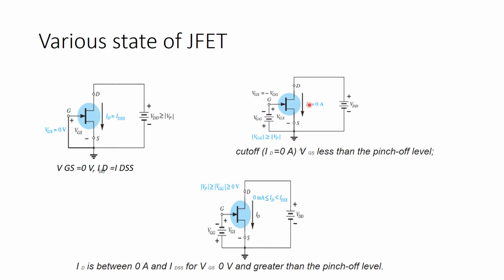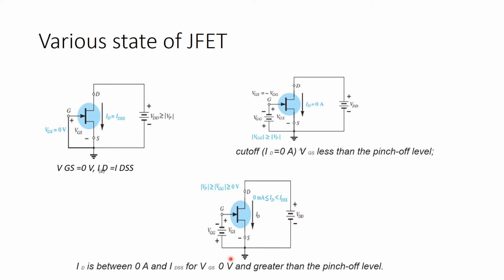Second situation, when the configuration connected is in cutoff region, we can say the given circuit is in cutoff region when the drain to source voltage is equal to VDD or is lesser than VP, and the drain current flowing is 0.